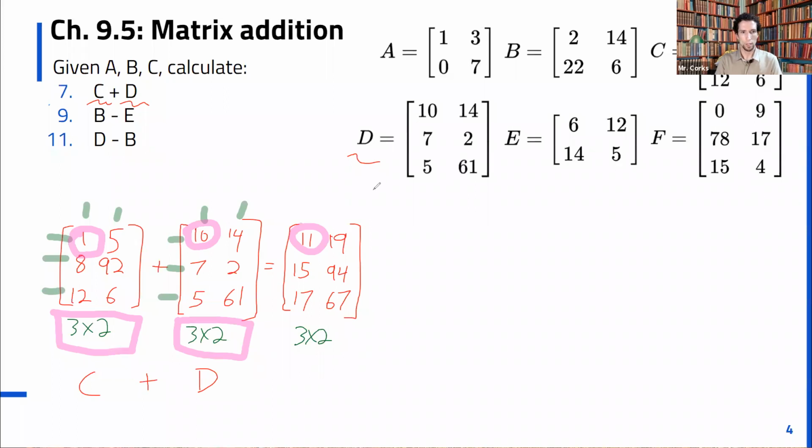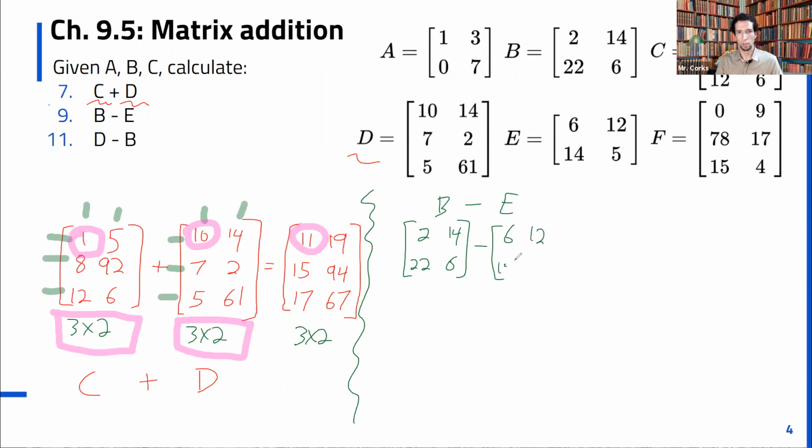Let's do the next one. B minus E. So matrix, let's write this up here. B minus E, which is 2, 14, 22, 6, and minus 6, 12, 14, and 5.